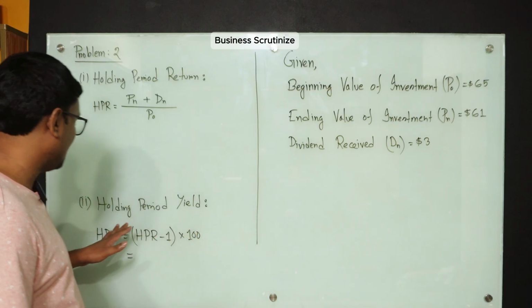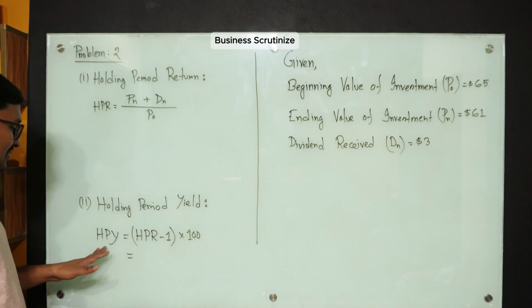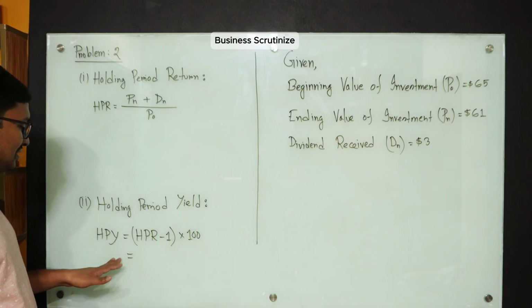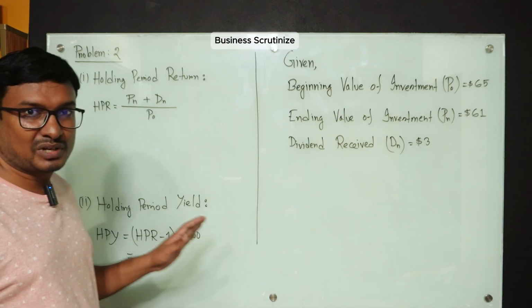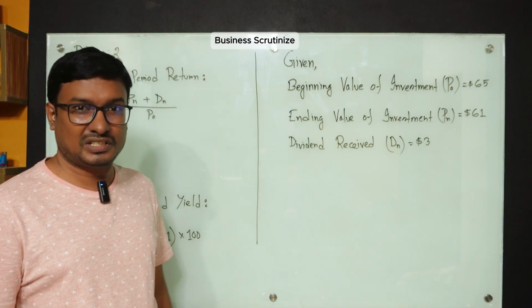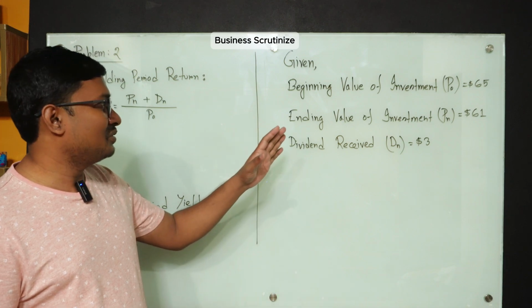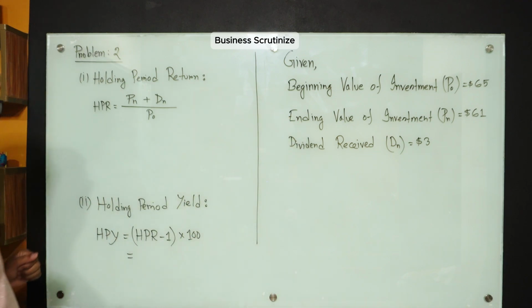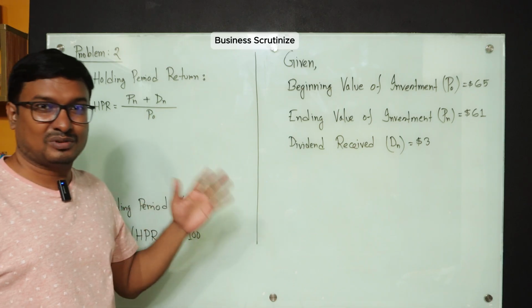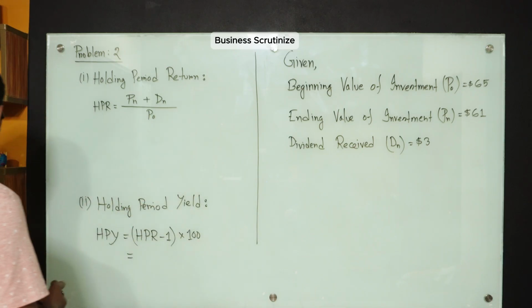HPY stands for holding period yield, and the formula is HPR minus 1, multiplied by 100 to show it in percentage. We just input the given data into the equation, and we will get the holding period return and holding period yield respectively.